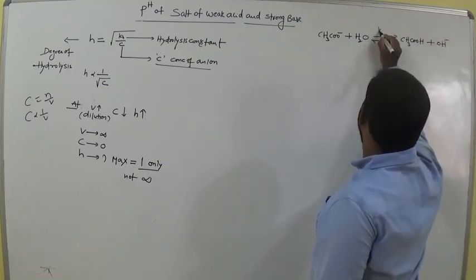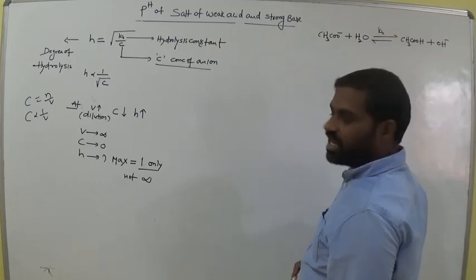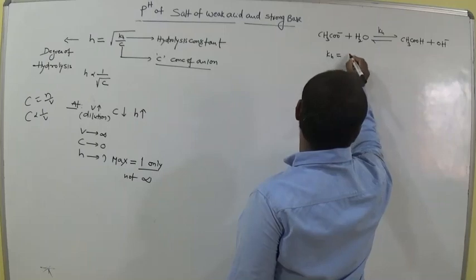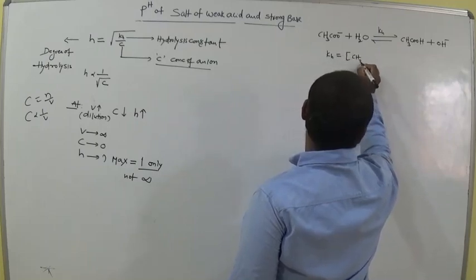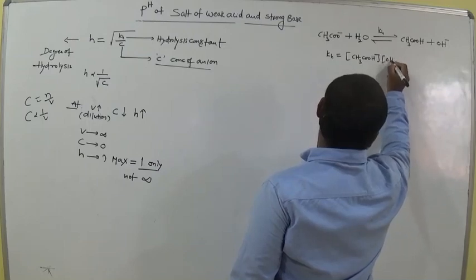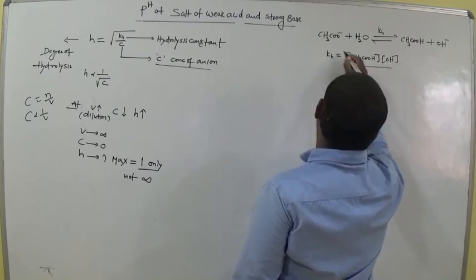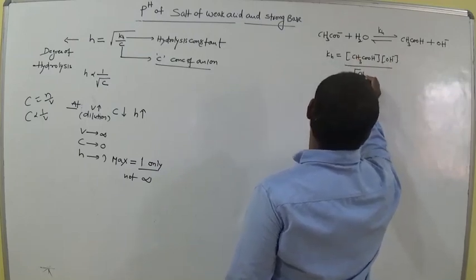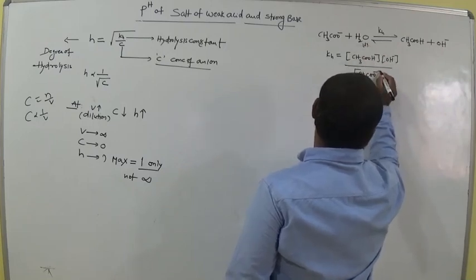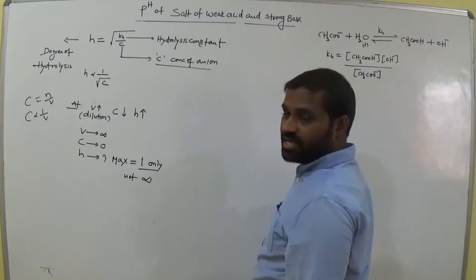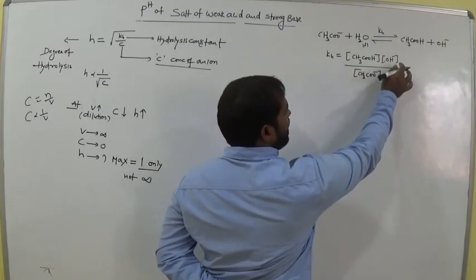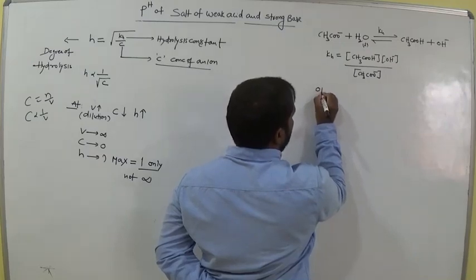So now here it is Kh, am I right? Now what is Kh? Kh equals the molar concentration of acetic acid times the molar concentration of OH minus, over the molar concentration of acetate ion. Water is a pure liquid, remember this. This is the expression, clear, all of you? Now from this, what is the value of OH minus?